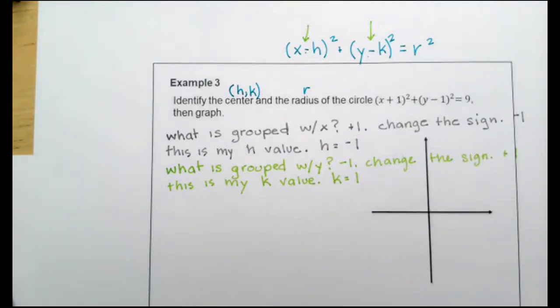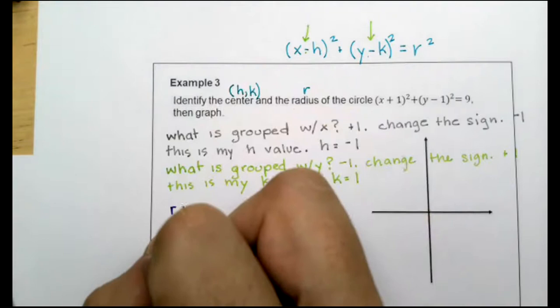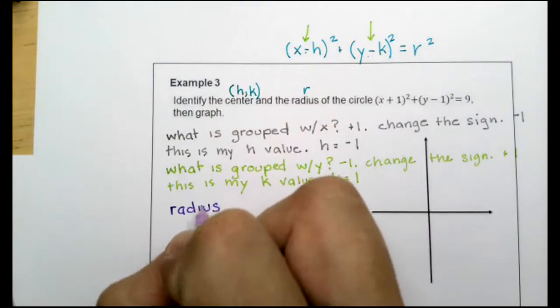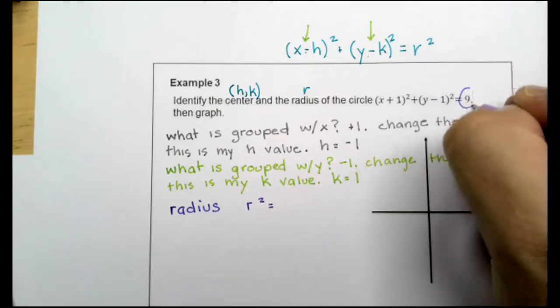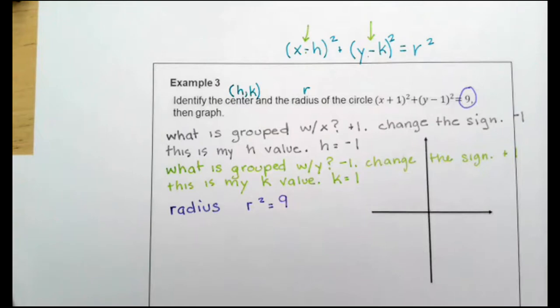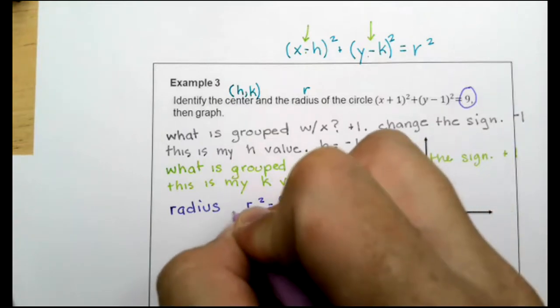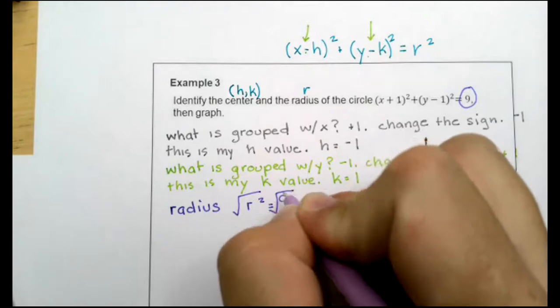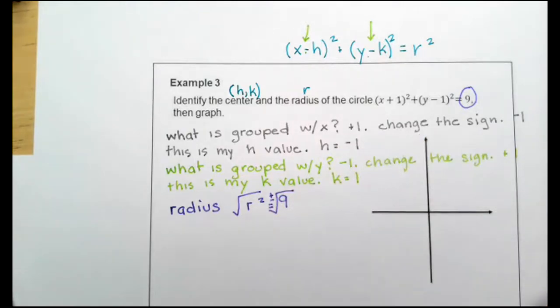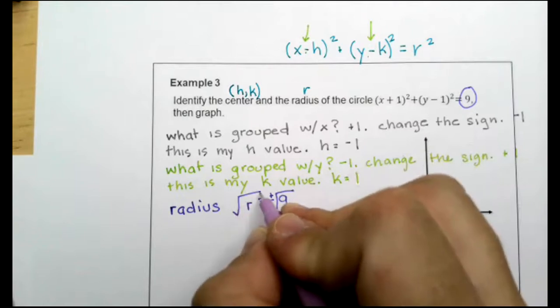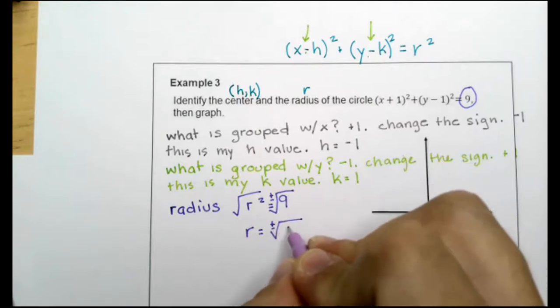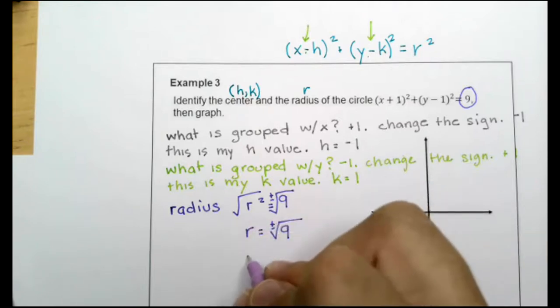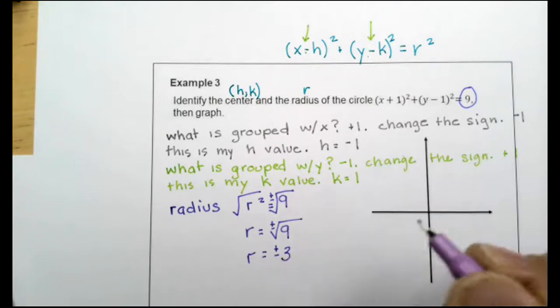Okay? And then for the radius, the radius is just r squared equals 9, right? And we know what to do there. To get rid of the squared, we square root it. So the square root of r squared is just r. And then we have plus or minus the square root of 9, which is plus or minus 3. But the radius is only a distance, right?